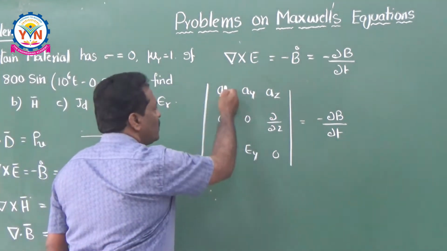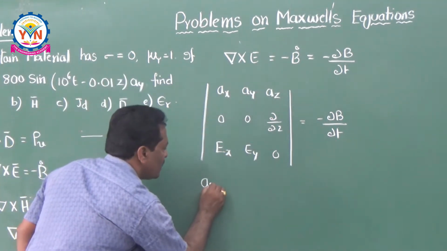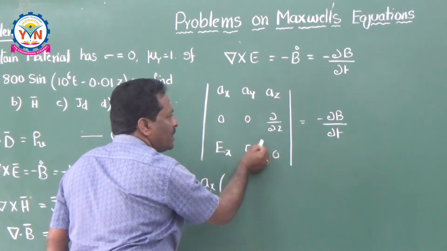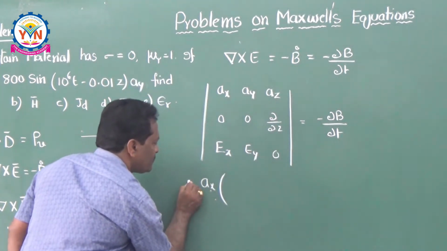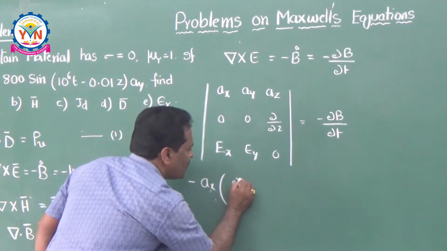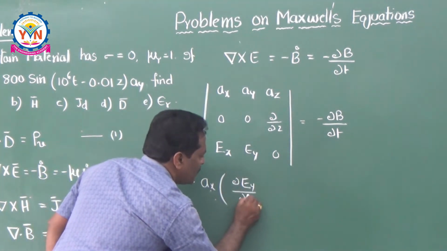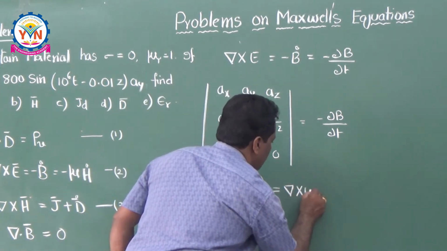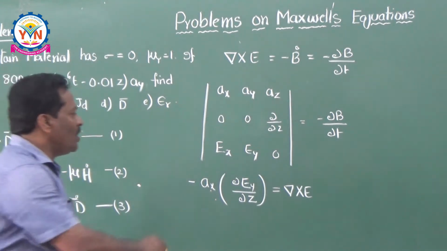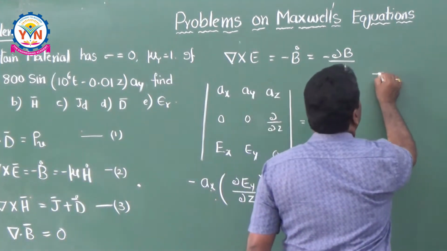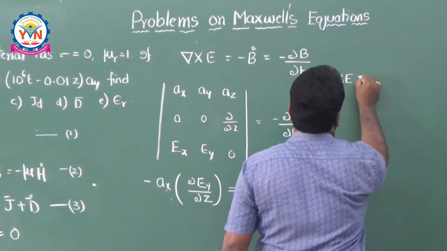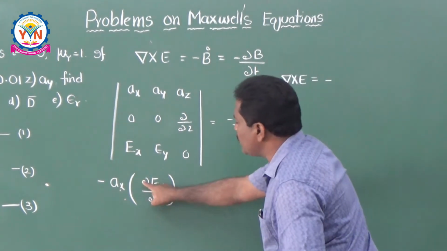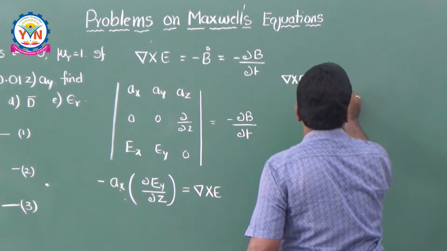Now expand this determinant, AX into (AD minus BC), which gives minus dou Ey by dou Z. This is equal to del cross E. Now, if you take this, del cross E is equal to minus dou by dou Z of Ey.